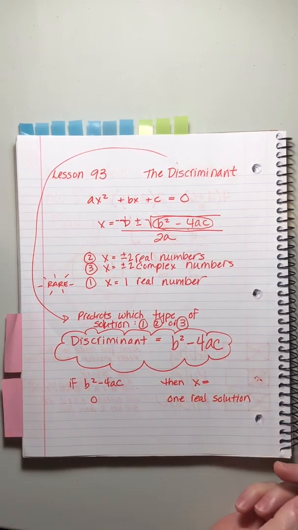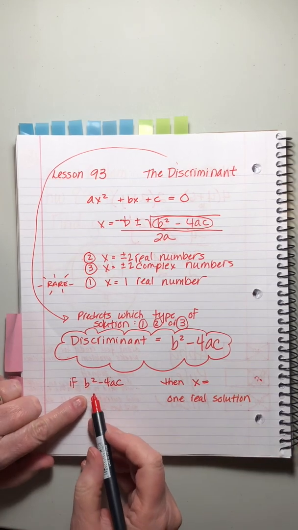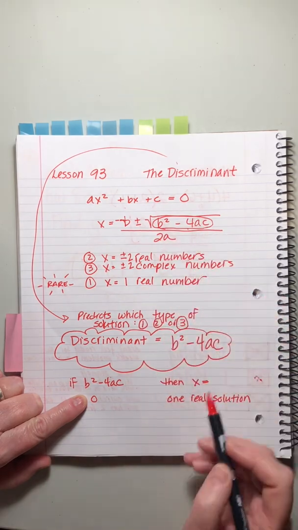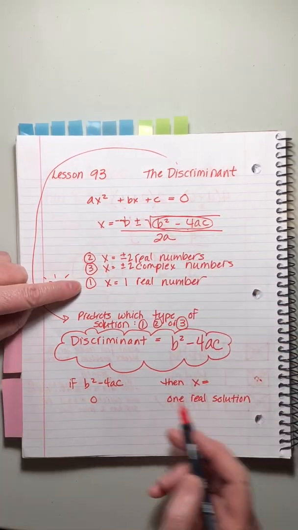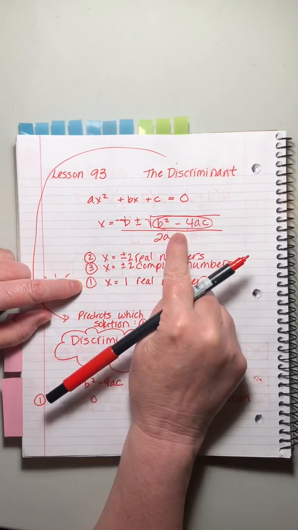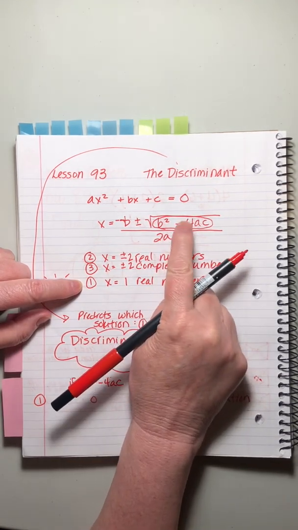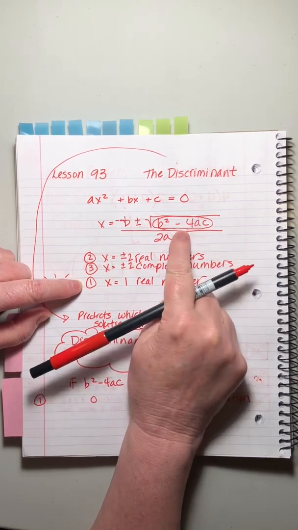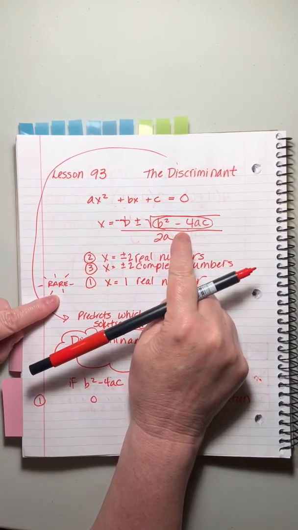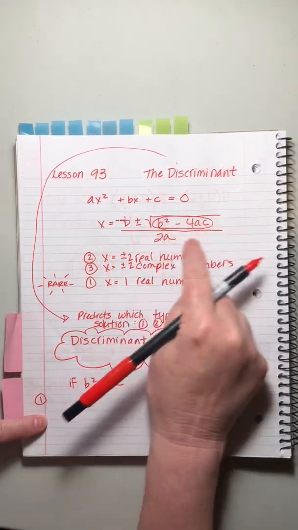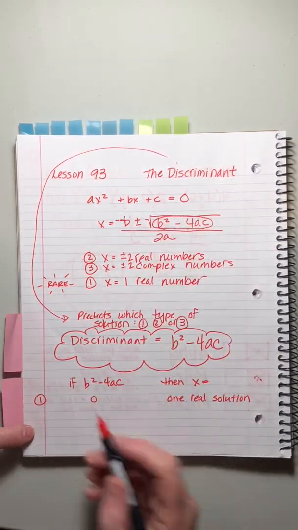I'm just not writing all that up, okay? So if b squared minus 4ac equals 0, then that means we're going to get one real solution. It's scenario 1. Now, that doesn't happen very often. I can't think of a problem we've ever done where we get 0 right there. So that's not, again, a situation we encounter often. It's very rare. That's when the thing inside the pig house turns into a 0.